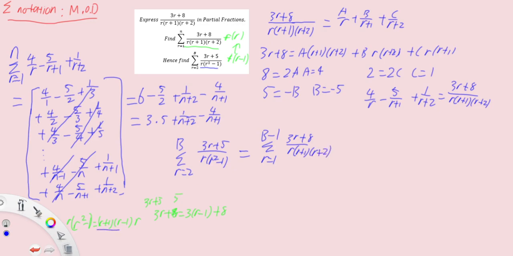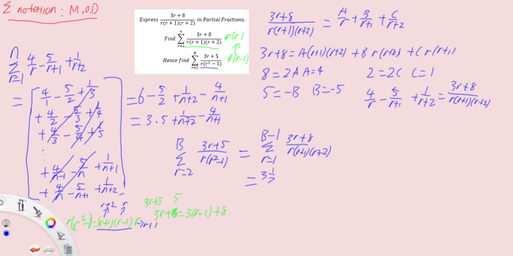If you look down here, if you increase it by 1, this r minus 1 becomes r, this r becomes r plus 1, this r plus 1 becomes r plus 2, which fits our original formula. Because we already have the general formula for the summation from r equals 1 to n, and in the final form we have r equals 1 to b minus 1, we just need to sub in n equals b minus 1.